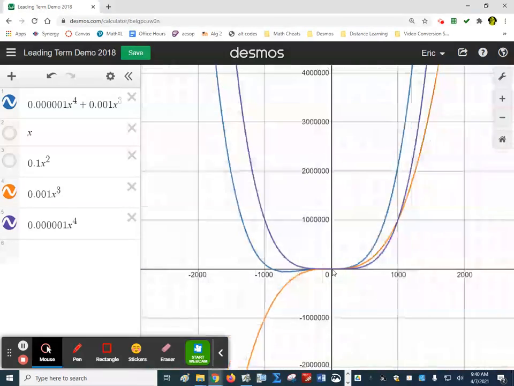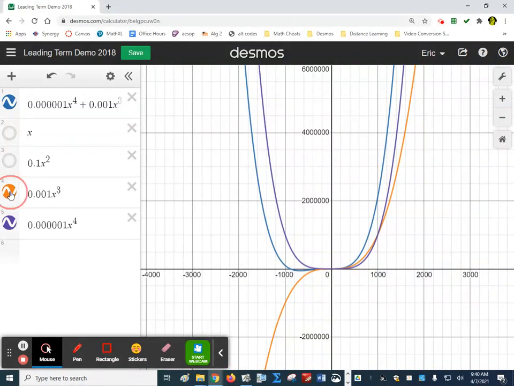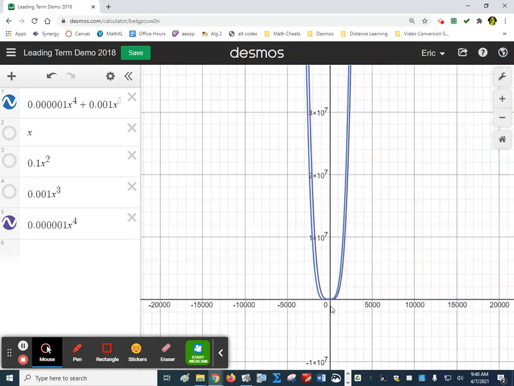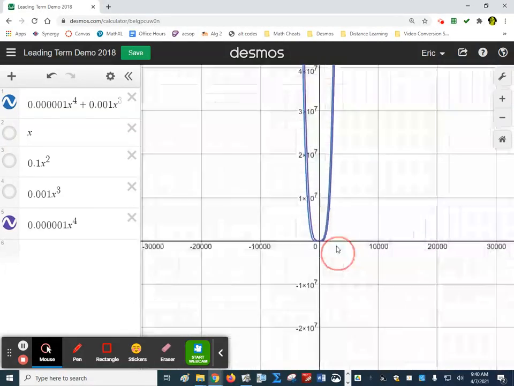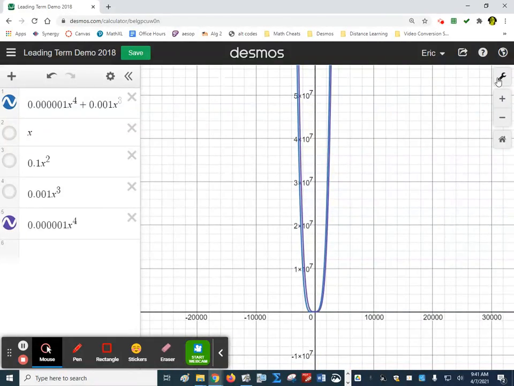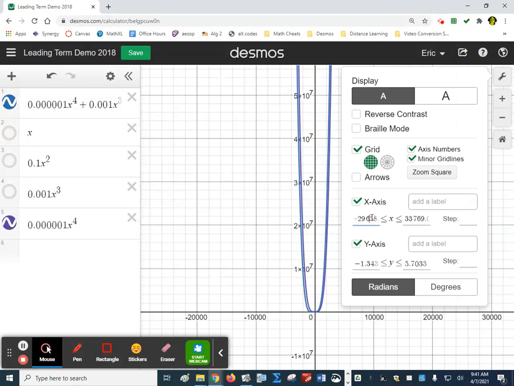Right, look at that. So it's starting to match, and I can just get rid of that orange one now. And now we can see that the blue and the purple start to match more and more closely, don't they? And if I go out far enough, I want you to see something. This is pretty impressive.